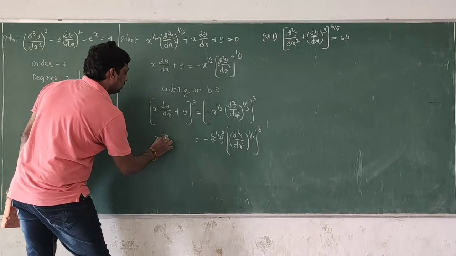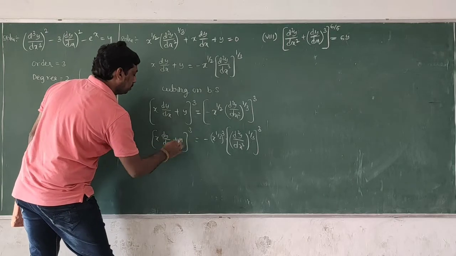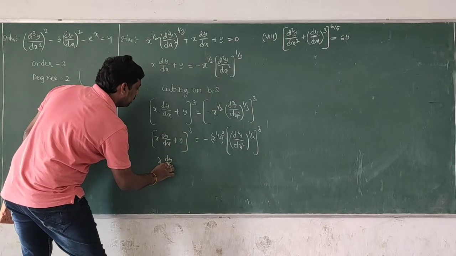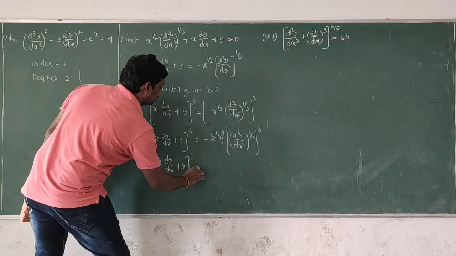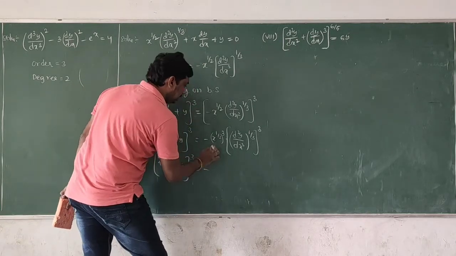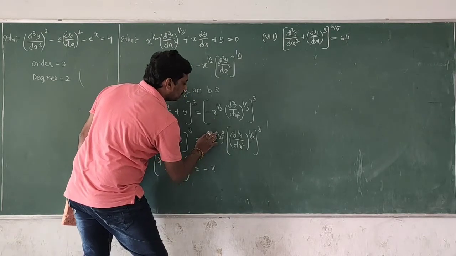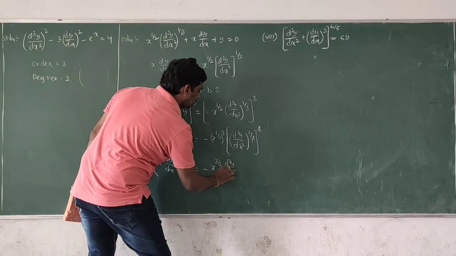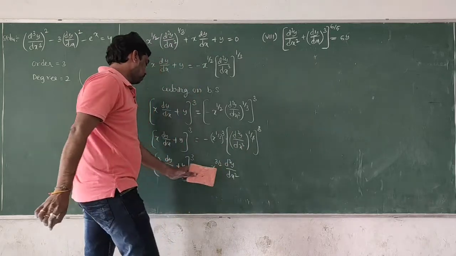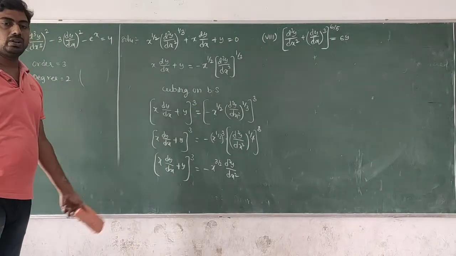Now the LHS stays as x into dy by dx plus y whole cube, equal to minus, a power m whole power n is a power m into n, x power 3 by 2, here 3 cancels, d square y by dx square. Here no need to simplify this one; directly we can write order and degree.